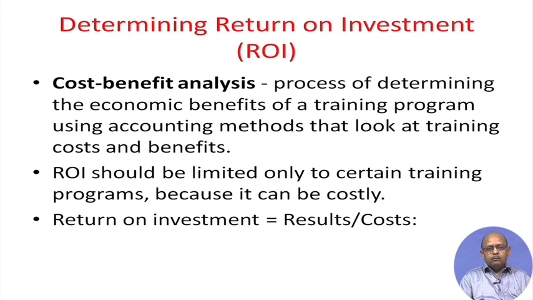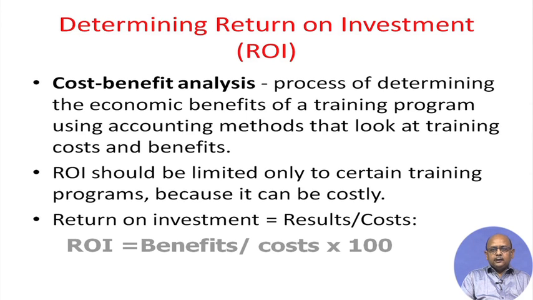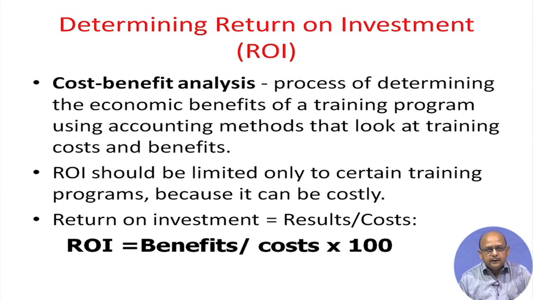And you know the formula that is used: return, or results, divided by cost, multiplied by 100. So, you get it in percentage terms, right. So, benefits divided by costs, times 100. That is the formula that is used for calculating return on investment, right.